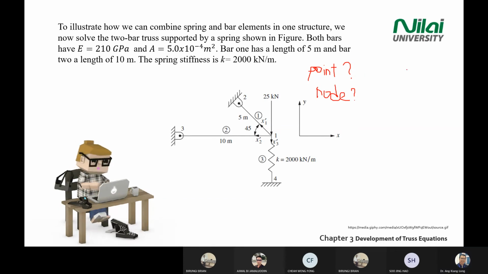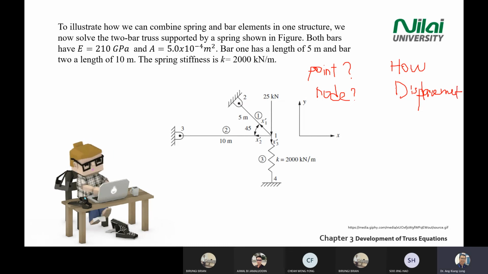Then after that, answer this question: how many displacements, or degrees of freedom, do you have? What is the total displacement that you have if you want to calculate the whole thing? How many U and V or W do you need to calculate by just looking at this diagram? Solve this one first, then answer the second one.